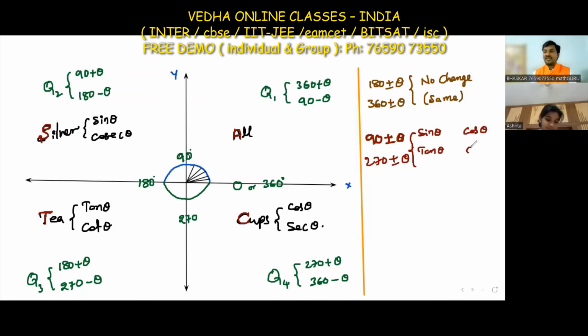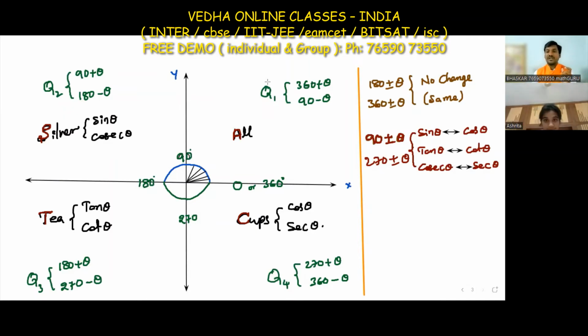For tan theta we write cot theta, and for cot we write tan theta. For cosecant theta we write secant theta, and in the same way for secant theta we write cosecant. So both are reversed, we write one in place of the other. This is very, very important.